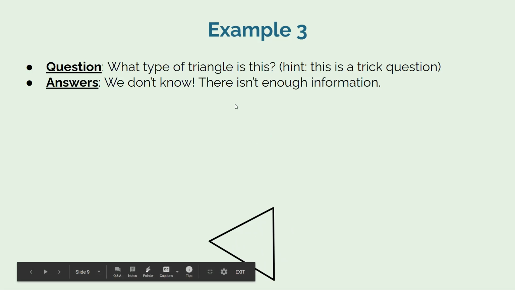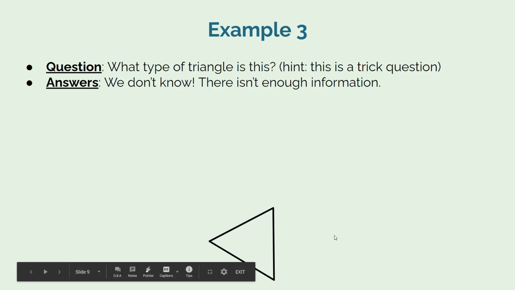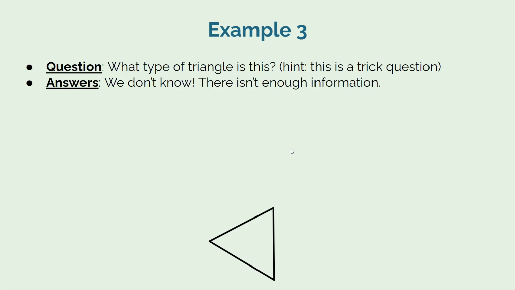If the question directly says that the image is to scale, then you can just eyeball it and say, oh, this is equilateral. But this question doesn't say that it is to scale, so you can't really say anything.